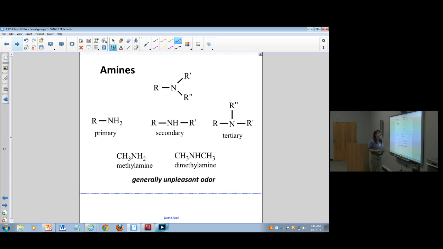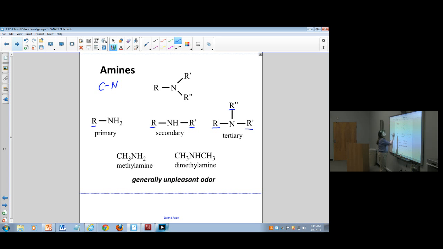Now here's amines. Amines are some bond between carbon and nitrogen. They're also classified like alcohols, which we're not really going to look at, but if it's only bonded to 1 carbon, it's primary. If it's bonded to 2 carbons, it's secondary, and if it was bonded to 3 carbons, it would be tertiary.